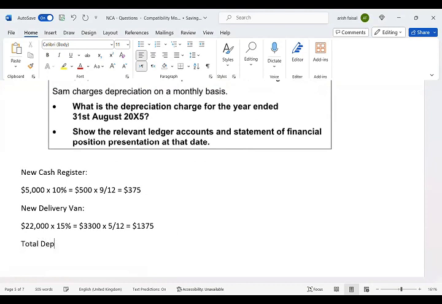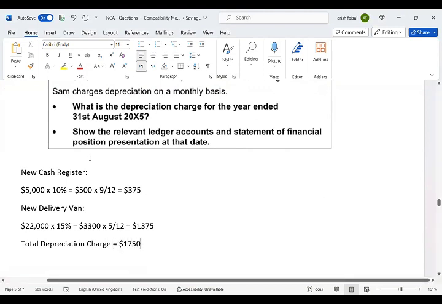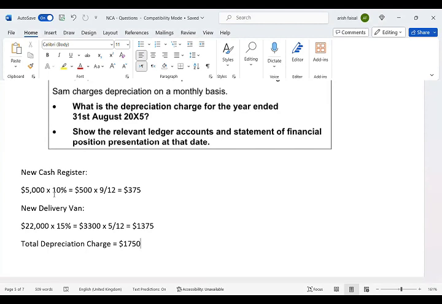So the total depreciation charge for the year will be 1,750, and that answers the first part of the question, which was what is the depreciation charge for the year ended 31st August 2015. So that's 1,750. 375 has been charged on the new cash register, and 1,375 has been charged on the new delivery van. If the new cash register would have been there for the entire year, that's like if you would have purchased it on 1st of September 2014, then 500 would have been charged.